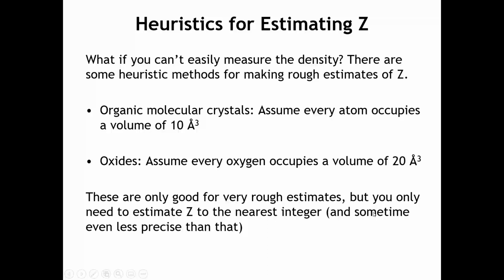Now, these only give really rough estimates of Z, but sometimes a rough estimate is enough. I mean, we only need to get Z to the nearest integer, and sometimes not even that precise. In the last example, we really just needed to know Z to the nearest multiple of 8.